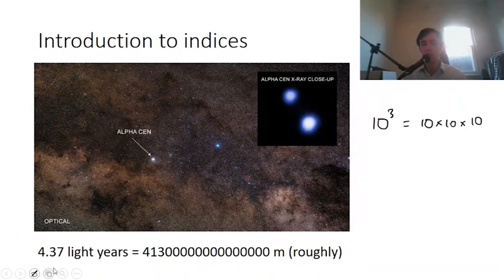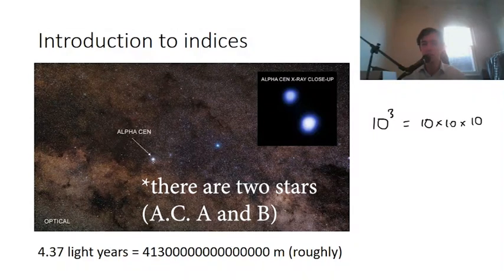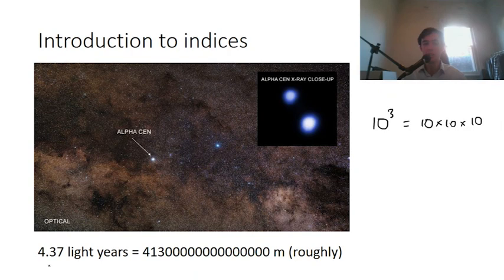Why is it useful? Have a look at this. Alpha Centauri is the closest star to us, apart from the Sun, but it's 4.37 light years away, which is this many meters. If I want to write this in meters, I really don't want to write a number this big.